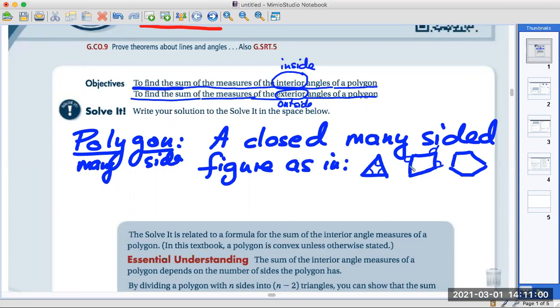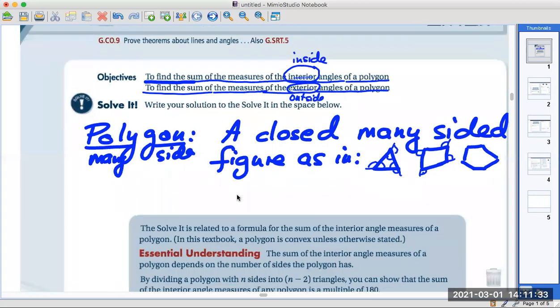So if you have a 4-sided figure, you're going to have 4 exterior angles, 2, 3, 4, okay? If you have a triangle, you're going to have 3 exterior angles. Exterior, interior. Okay, so make sure you look at that when you read your questions, that you understand, are we talking about exterior or interior?